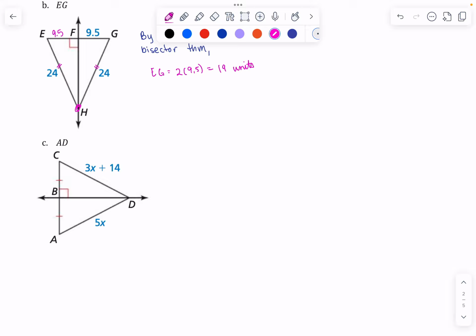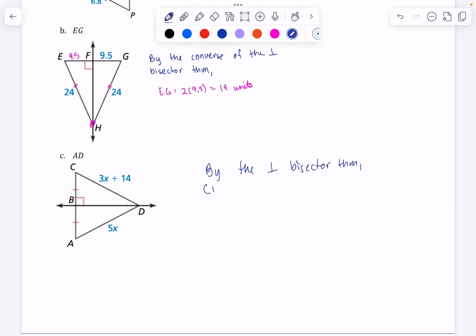All right, another one. Here again, we are given that these two segments are congruent, and we're given that this is a 90-degree angle. So by the perpendicular bisector theorem, we know that CD has to be equal to AD, and I can use the expressions and plug in 3x plus 14 equals 5x, and then solve for x so that I can figure out what AD is equal to.